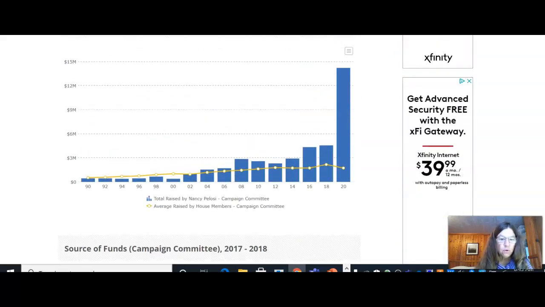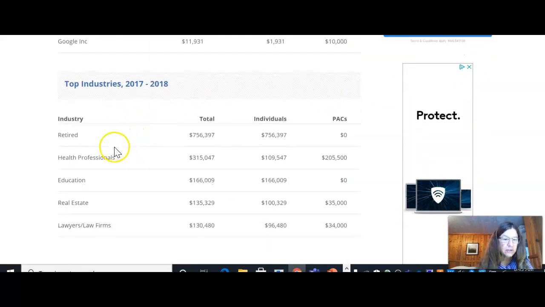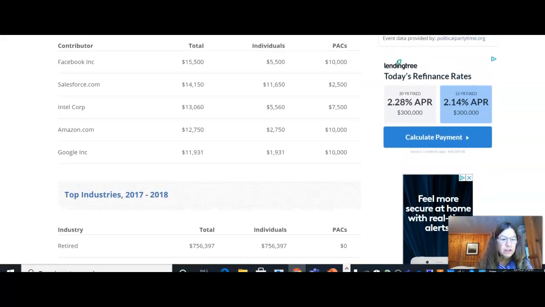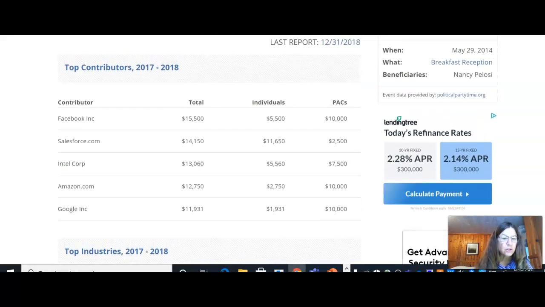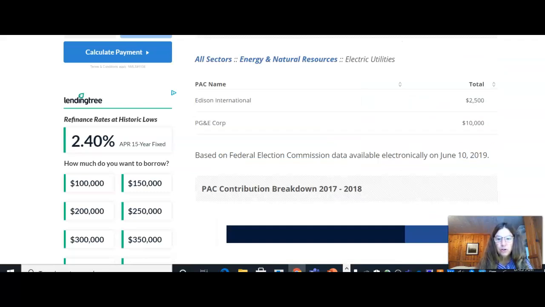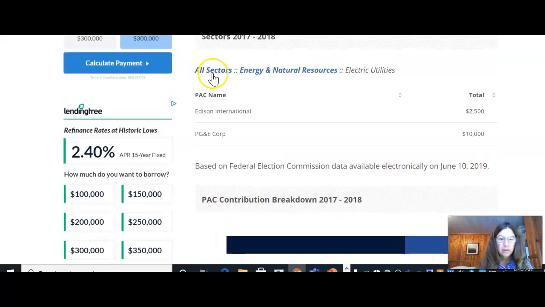But what I'm looking for actually is not just the sector. See how this is health professionals, education, those are sectors. What we need for this assignment is actually to look at various contributors. And for the sake of time, I'm going to bring you to the page that's all sectors equal energy and natural resources, electric utilities.